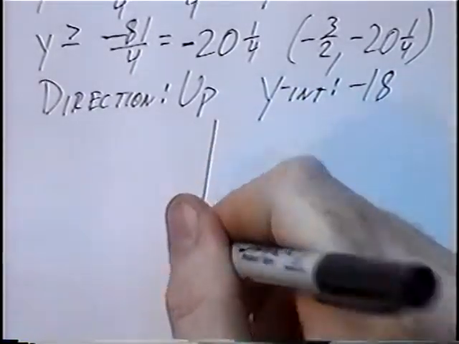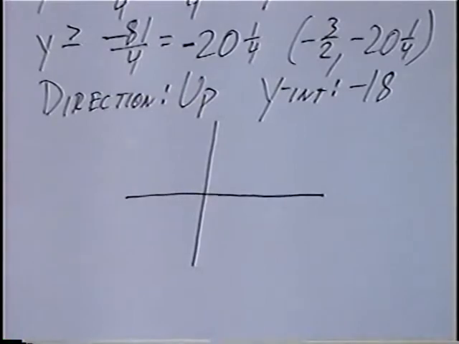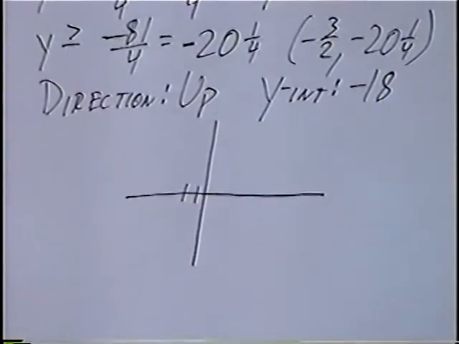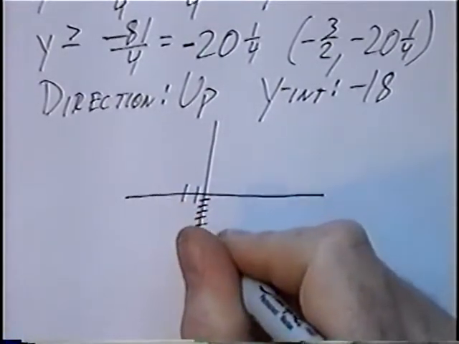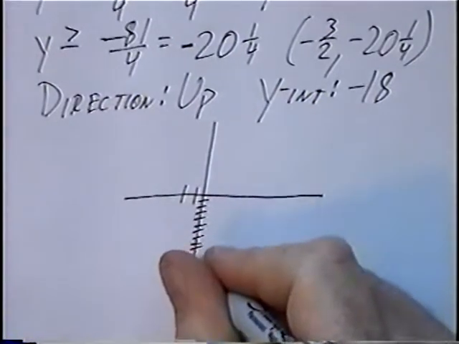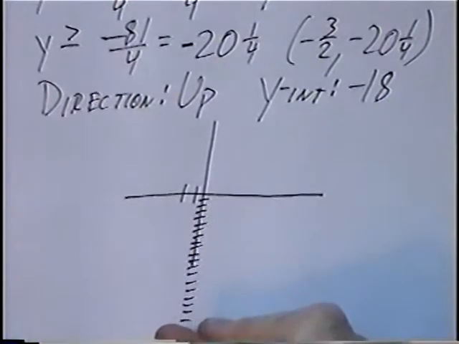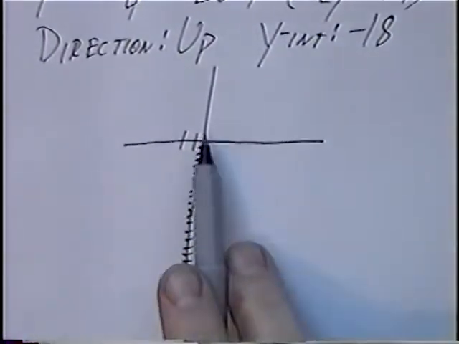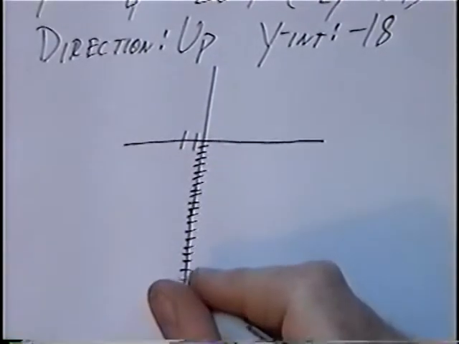Graphing from here. Our x value is negative 3 halves. And the y value is negative 20 and 1/4. So going down 20 spots and a little bit past, that would be negative 20 and 1/4.